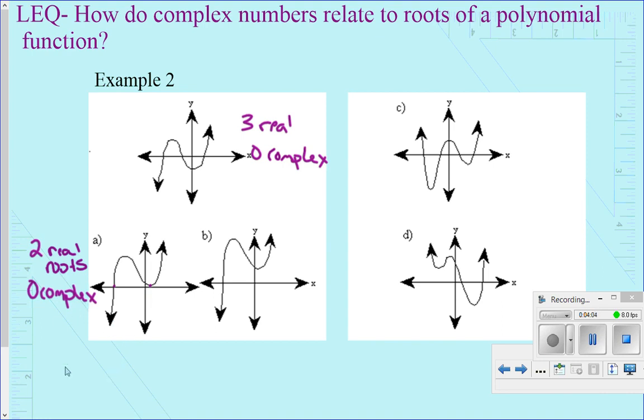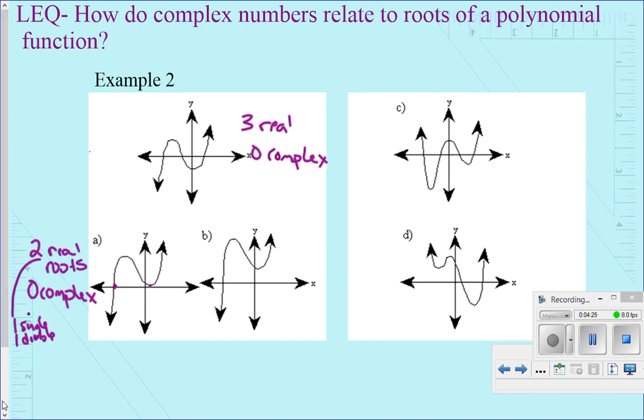So when I'm checking to make sure I have all of them, I am going to count the 1 single root right here, but I'm going to count the double root as 2 for just a moment, to make sure I have all of them. I count it as 2 plus the 1 single, that means 3, and that helps me know I have all of the roots.